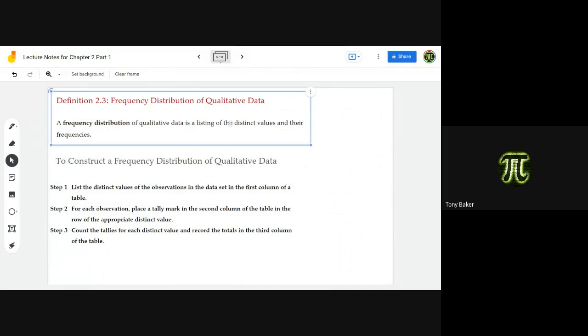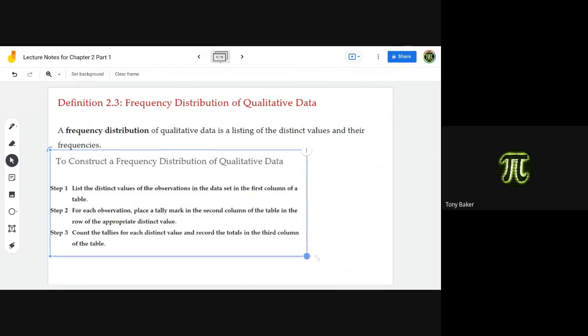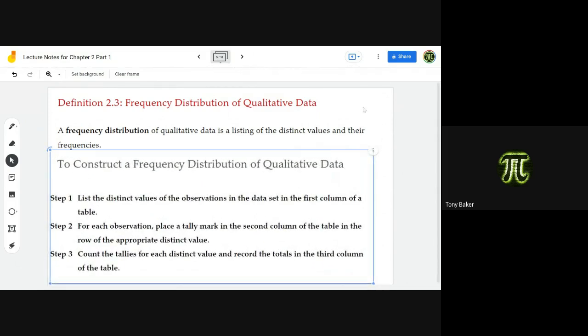Most of the stuff we're going to look at is going to be quantitative data, but we can look at some stuff that is qualitative data too. The first one we're going to look at is with qualitative. A frequency distribution of qualitative data is a listing of distinct values and their frequencies.